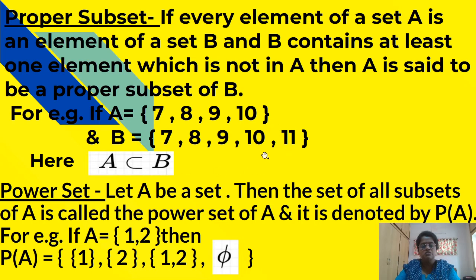Here we can observe that set B contains at least one element which is 11, which is not included in A, and therefore we can say that A is a proper subset of B.